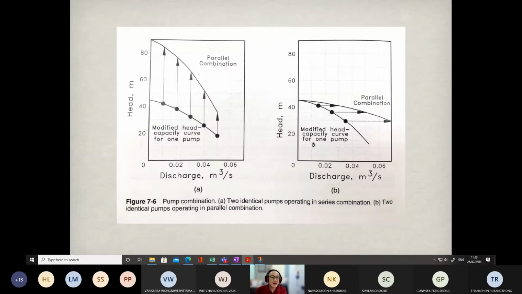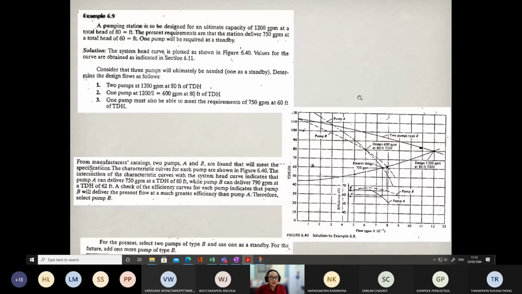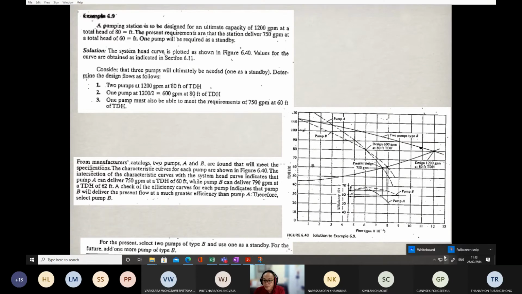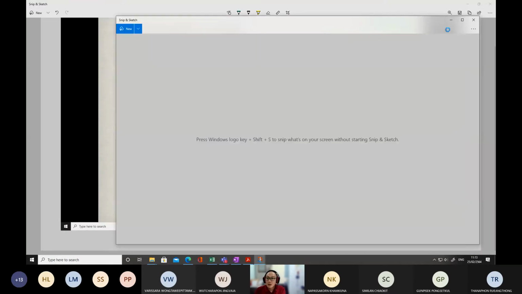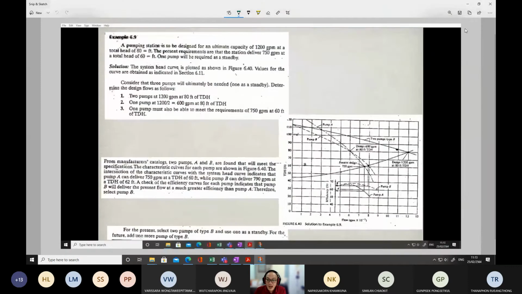Okay, so this is what I'm talking about. Just look at this example. I think it's almost the last, second to the last slide. In this example, this is our system head curve.